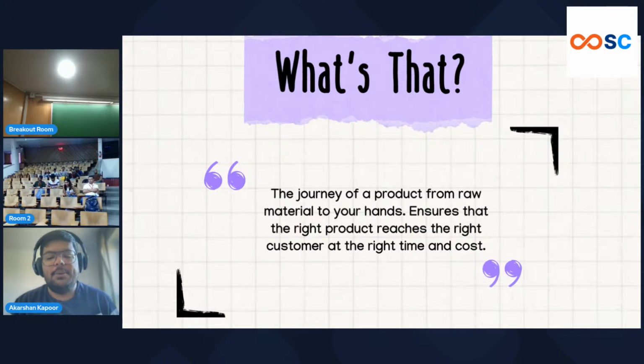Okay, the topic for the presentation was supply chain. What exactly is supply chain? Well, as can be seen on the slide, supply chain is basically the journey of a product from raw materials to the customer's hand. And along the way, we try to ensure that the right product reaches the right customer at the right time with the proper cost analysis. But how is this involved in the technical world? In the technical world, we do not have that many physical aspects. We have digital aspects. So instead of warehouses, we have servers.